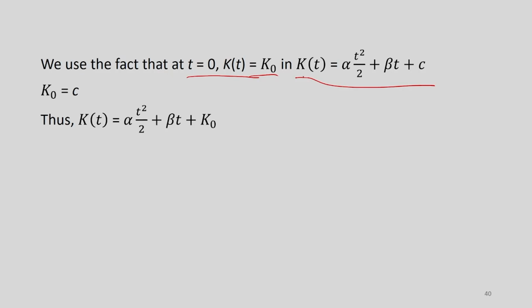So, I get K0 equals this, and that is equal to small c, because the other part will just become 0. So, c, which was arbitrary, is now given a value, it is equal to K0. Therefore, the stock of capital at any point of time small t is given by the function alpha t square divided by 2 plus beta t plus K0.